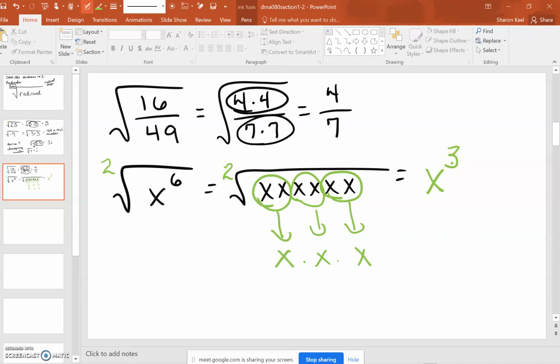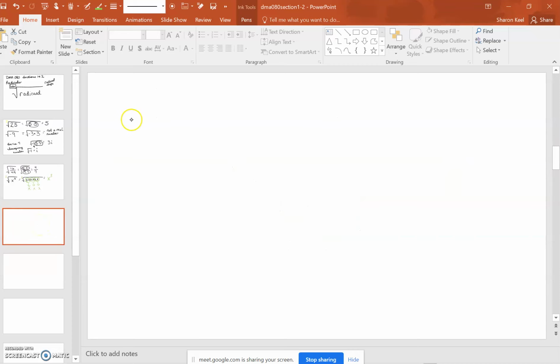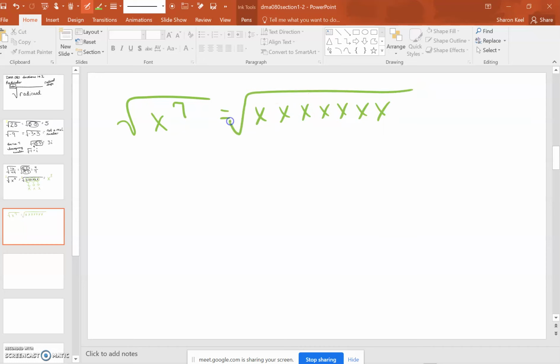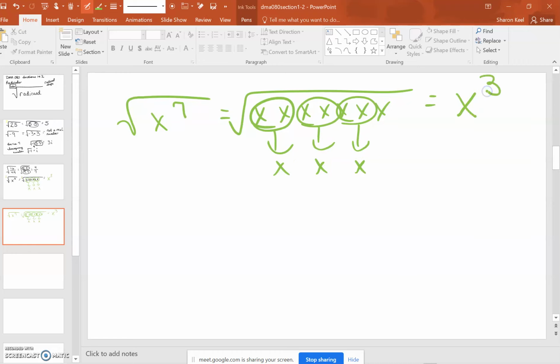Now, that might lead you into asking me the question, what if I had something such as the square root of x to the 7th? What would I do there? Well, in this case, I would have 1, 2, 3, 4, 5, 6, 7 x's under the radical. 1, 2, 3 pairs. So just like a moment ago, I would still have x to the third that comes out.